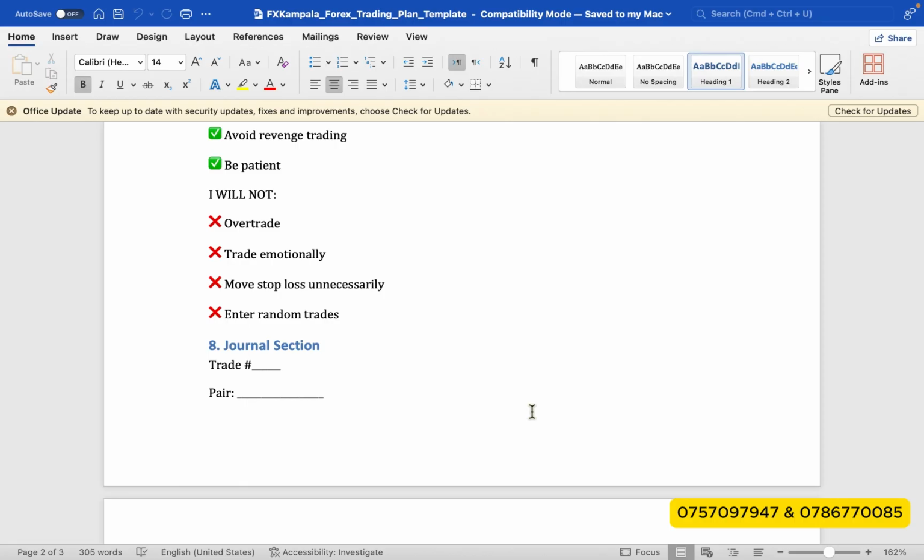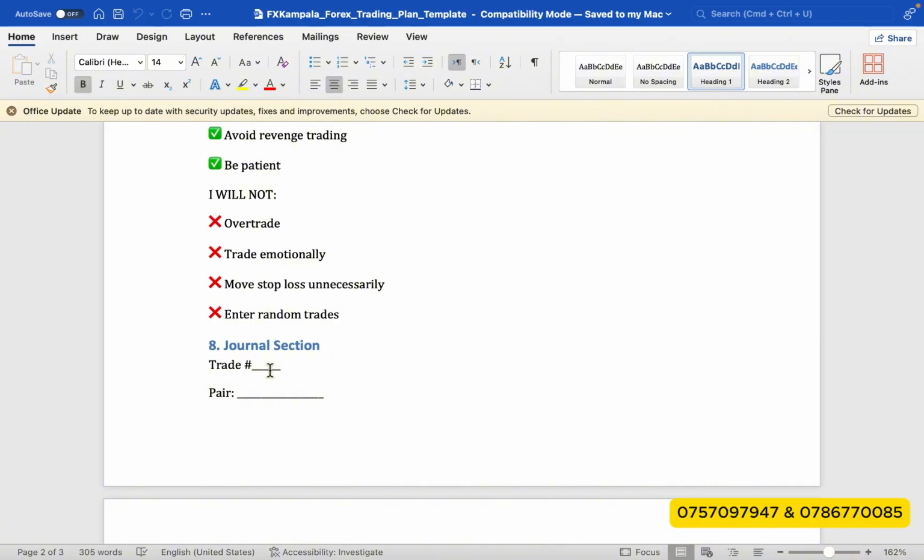Then the journal section. Within our trading plan, we normally have our journal. You have always had your journals in the spreadsheet, but you can also have a specific one like this, a simple one, and you give it a hashtag. So maybe the hashtag is FXKampala, or maybe the strategy name, or whatever.